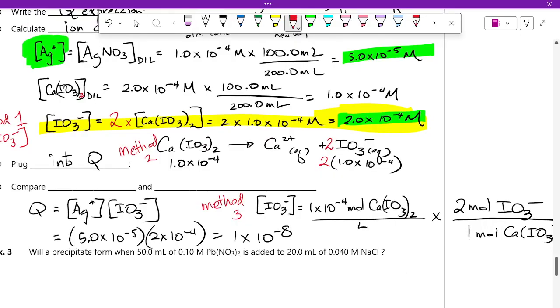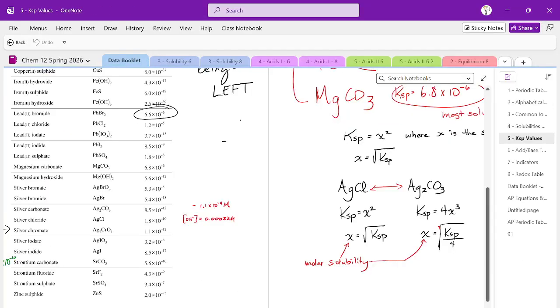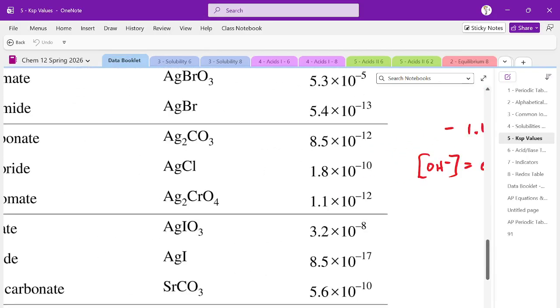What do we do with our Q value now? We compare Q and KSP. I think I meant to put values in those blanks. So Q, what is our KSP? Hopefully we have one in our data booklet. Silver iodate, 3.2 times 10 to the minus 8.